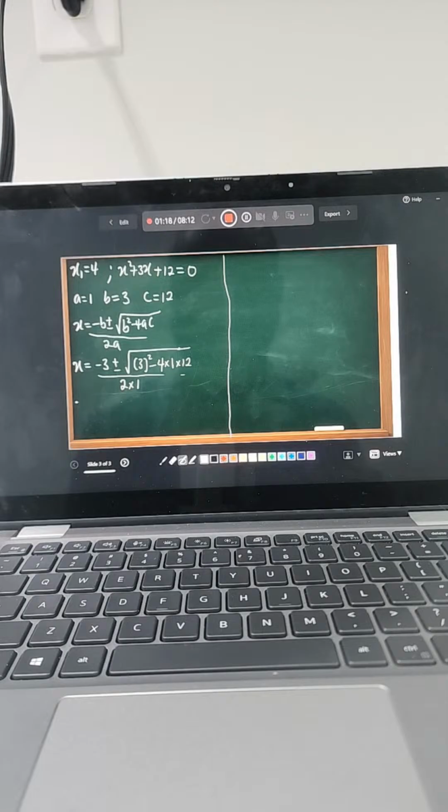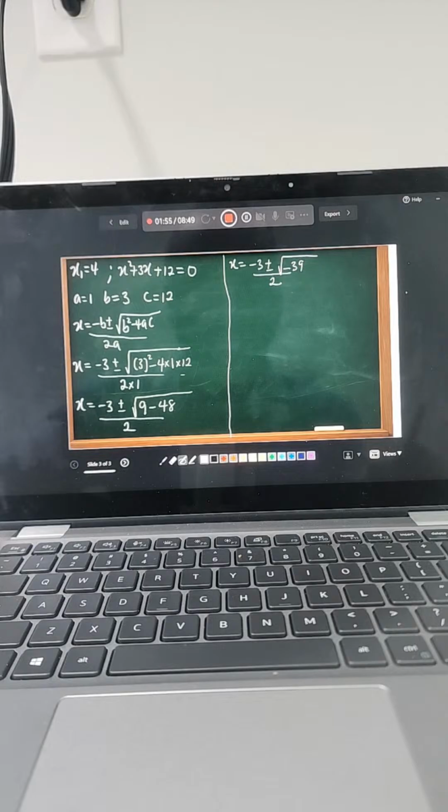So my x is going to be minus 3 plus or minus the square root of 3 squared is 9, minus 4 times 1 times 12, which is 48, all over 2. The value of x is minus 3 plus or minus the square root of 9 minus 48, which is negative 39, all over 2.